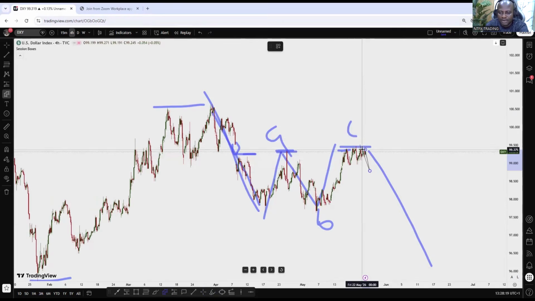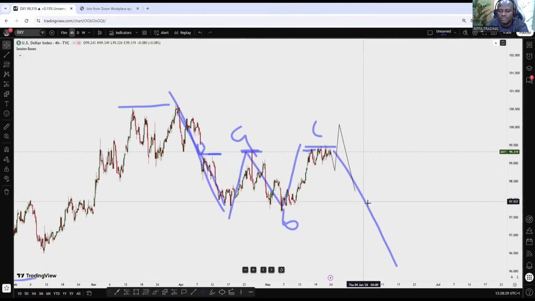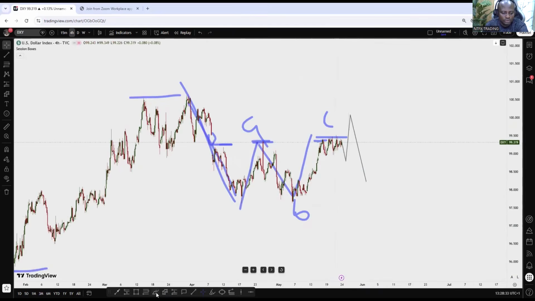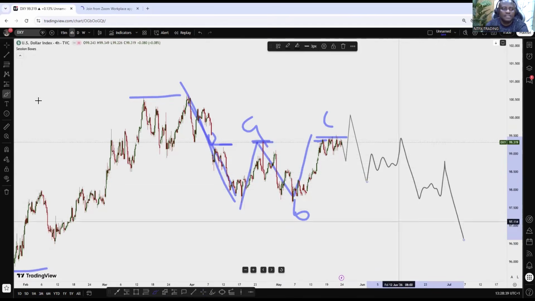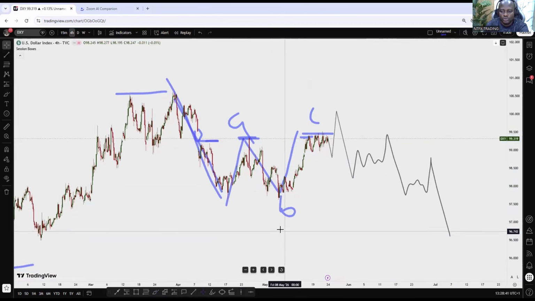All I care about for me to sell is for this liquidity here to be taken. Once it is taken, you have a push down. This push down is the beginning of bearish structure to the downside. After the push, you look for a corrective structure, you sell. This is what we want to do with the dollar.